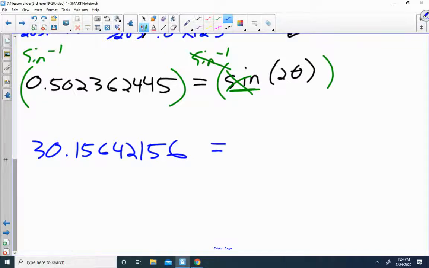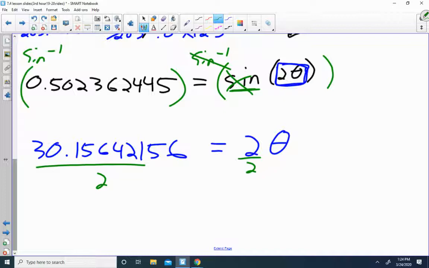And all of that is still going to be equal to 2 theta, because that's the only thing we have left. Now we're basically almost done. You just need to divide all that by 2, and you will get your degree answer.